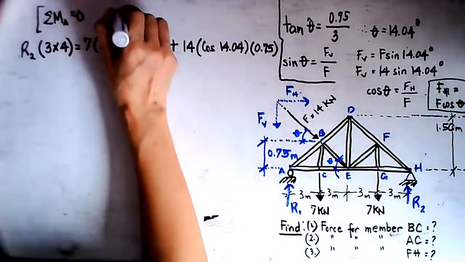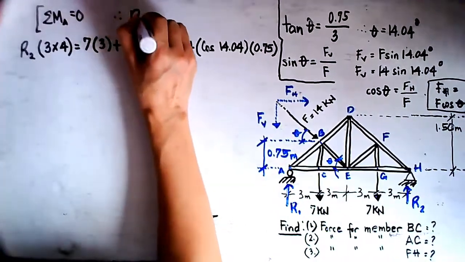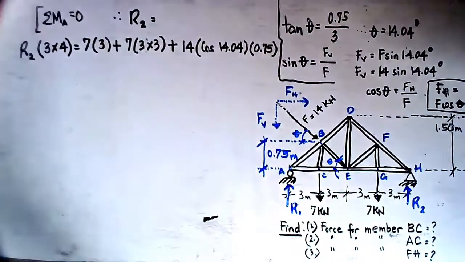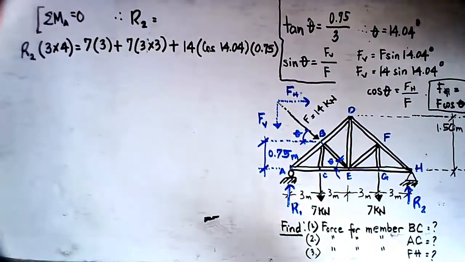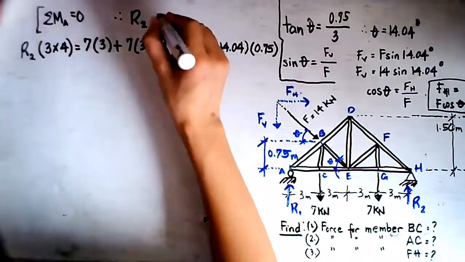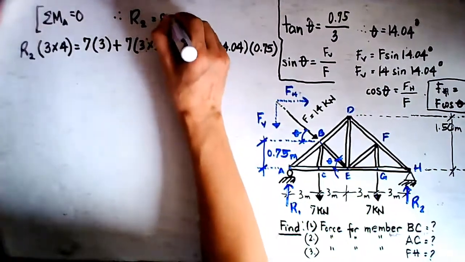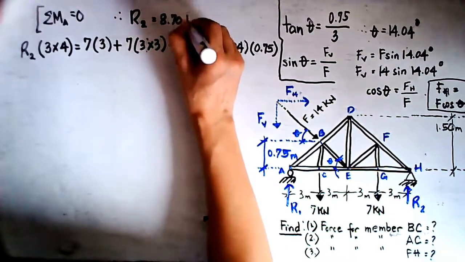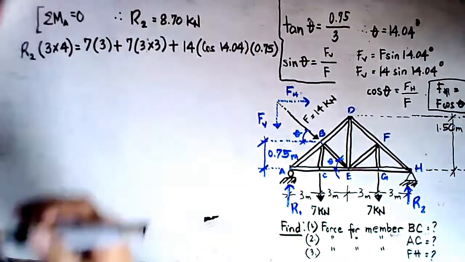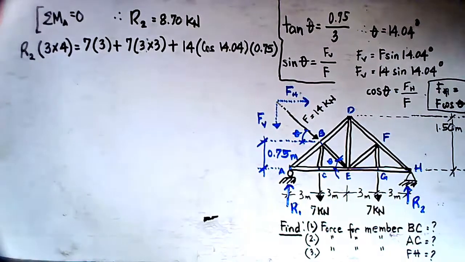Then you will have the value for the reaction R sub 2, and according to our computation, the value is 8.7 kilonewton.